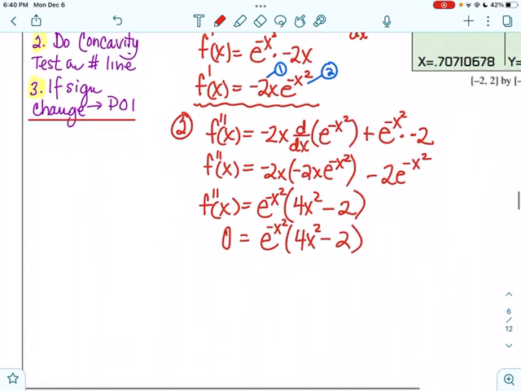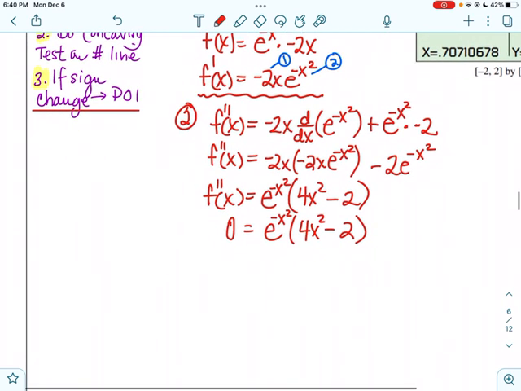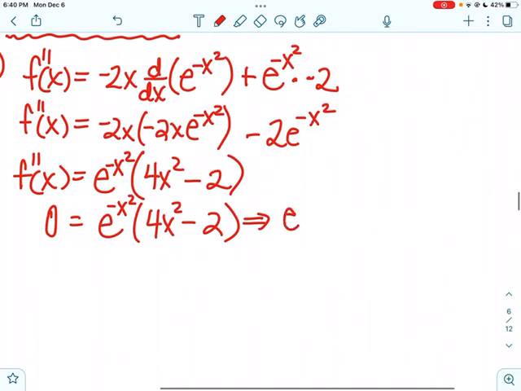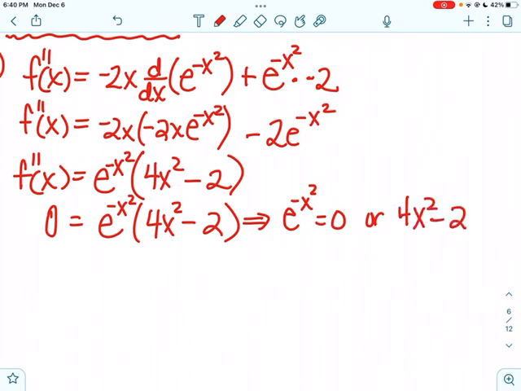You can see that this is equal to 0 when e to the negative x squared is equal to 0, or when 4x squared minus 2 is equal to 0. E to the negative x squared is never equal to 0. In fact, e to the negative x squared is always greater than 0.